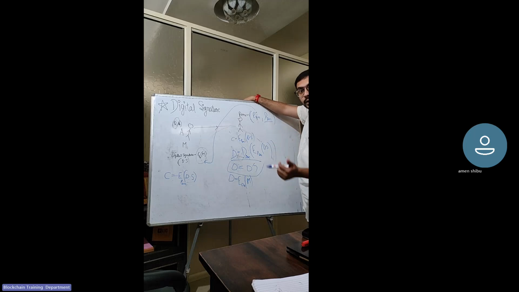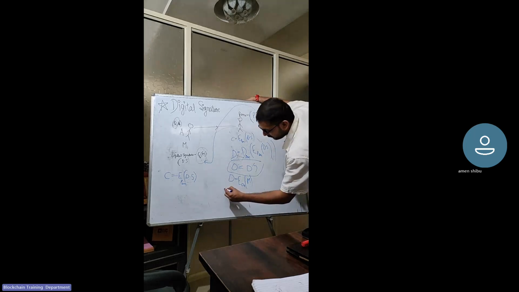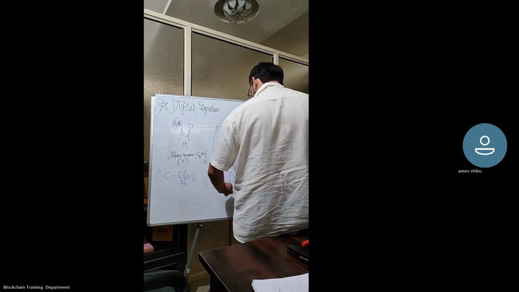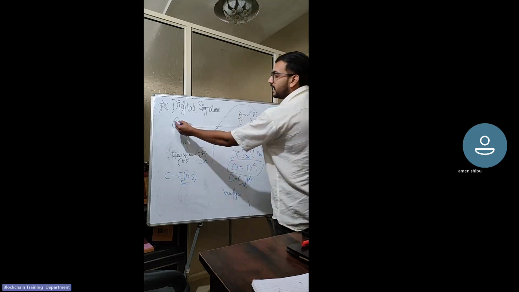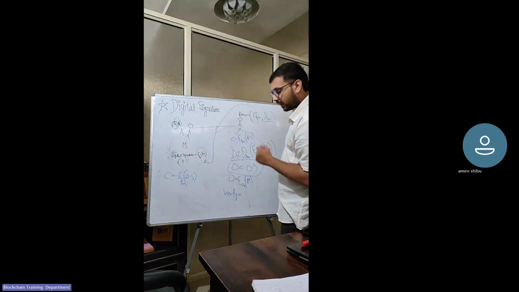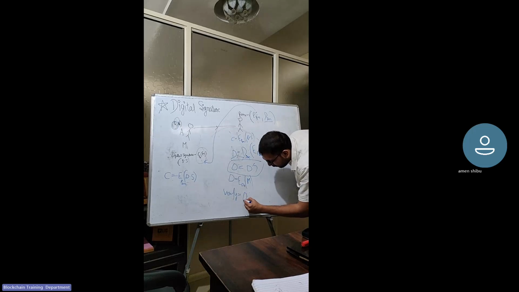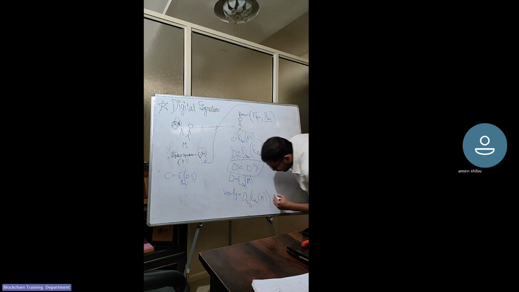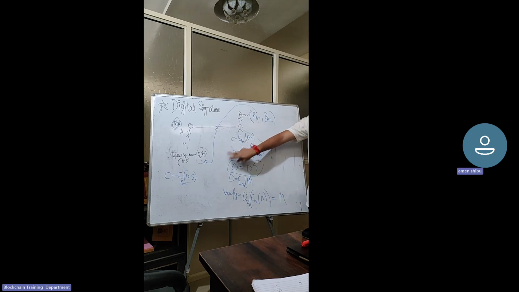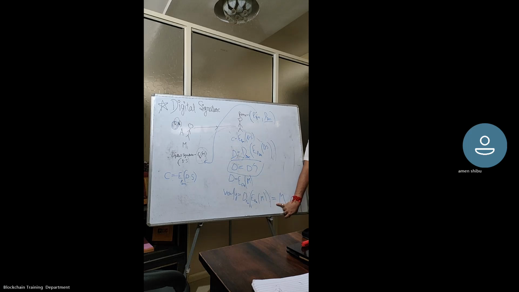Now you do verification, applying the public key of A. You will apply decryption of E of DA of M using the public key of A, so you will get the message M. Now you can see we have done confidentiality, and we have done authentication as well.